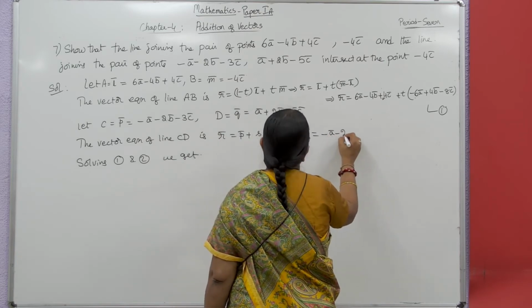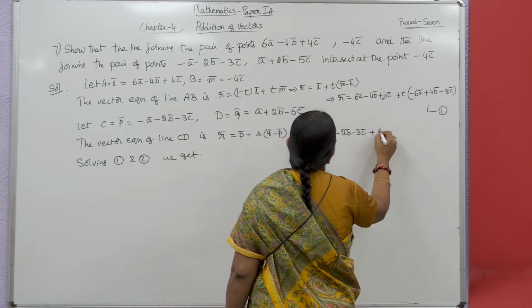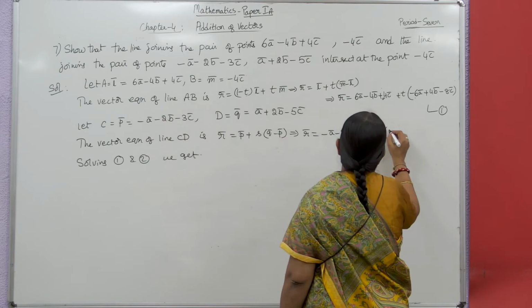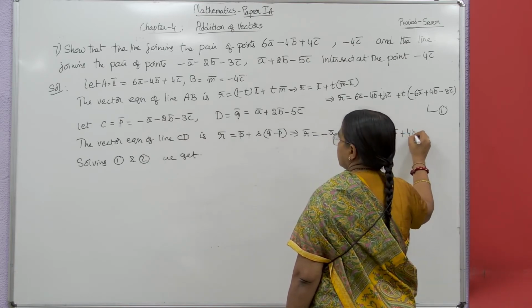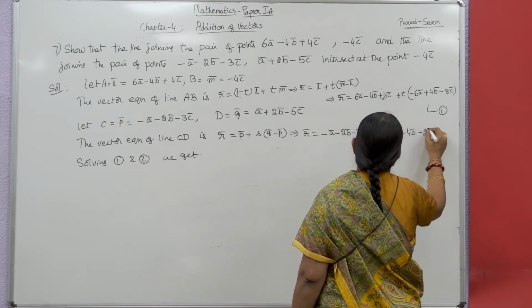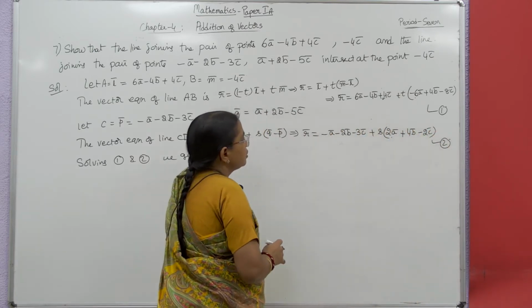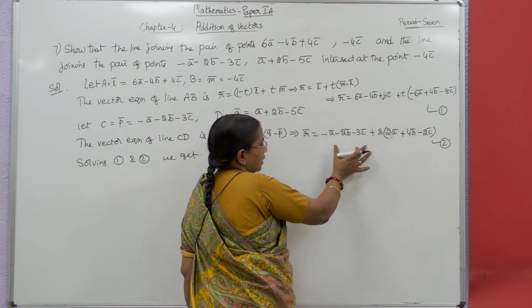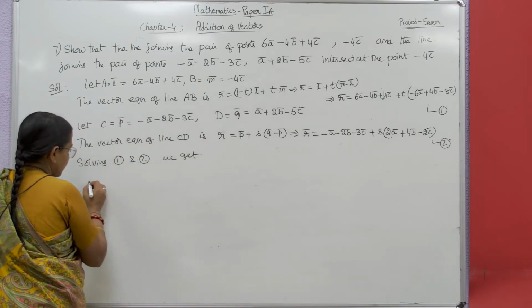Minus A minus 2B minus 3C, plus S into Q minus P. This minus this is 2A plus 4B minus 2C. This is the second equation. Now to solve these two equations, you will equate R values. This R value is equal to this R value. So solving 1 and 2, we get R value.